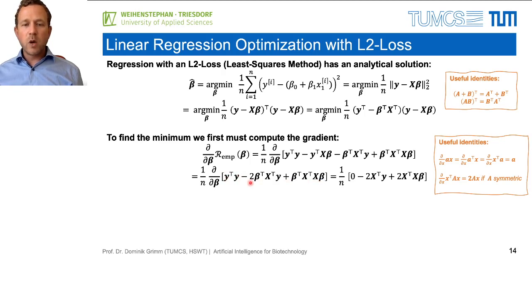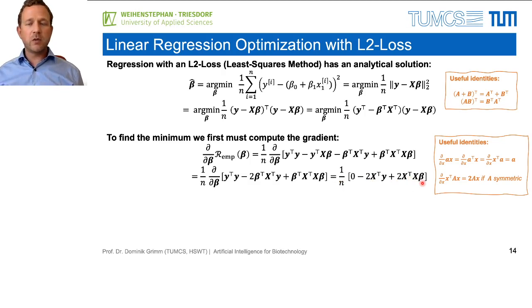Here we have one beta transposed, so this is nothing else than 2 times x transposed times y. Then for this term, where we have beta transposed and beta, we can use this identity, which gives 2 times x transposed times x times beta.